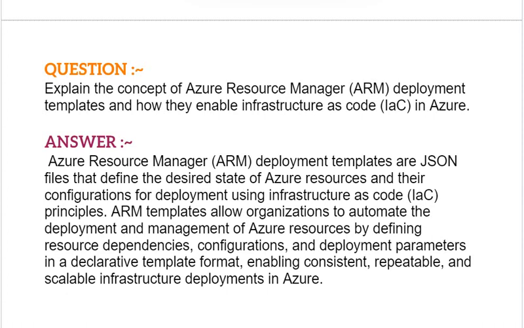ARM templates allow organizations to automate the deployment and management of Azure resources by defining resource dependencies, configurations, and deployment parameters in a declarative template format, enabling consistent, repeatable, and scalable infrastructure deployments in Azure.